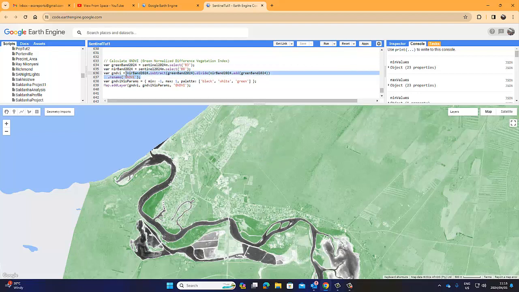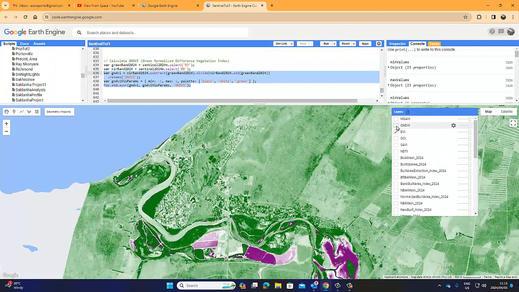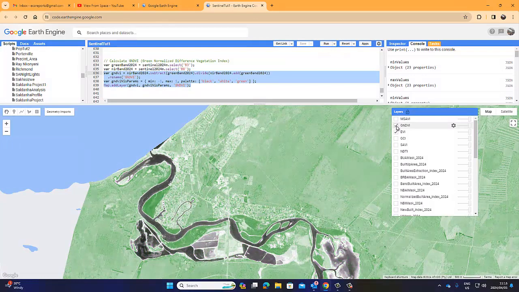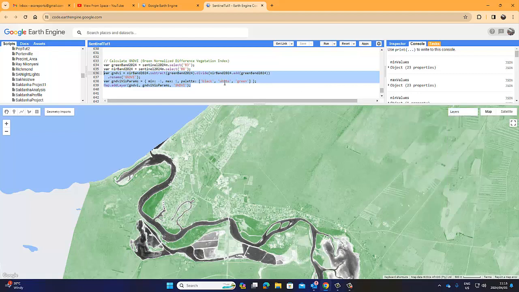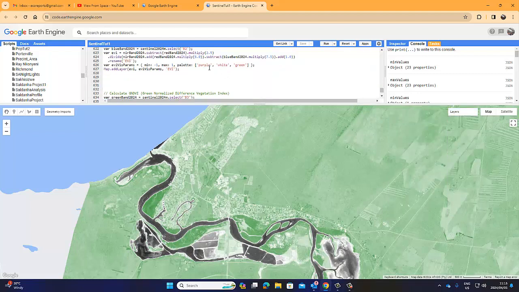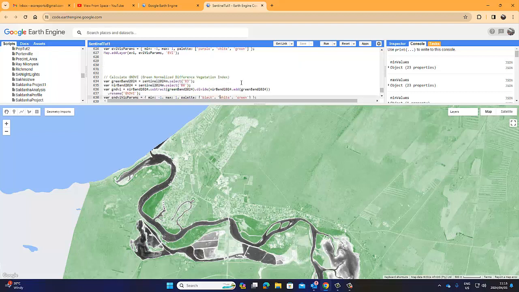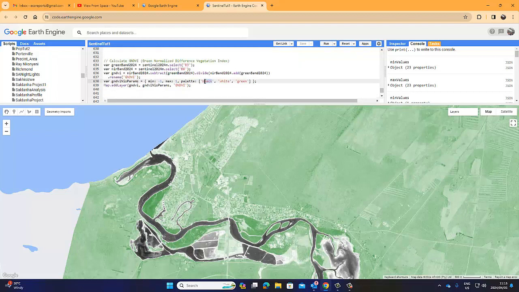Still the normalized difference formula, except we have the green band and not the red band. Let's have a look at the enhanced vegetation index. You can see there's some difference. But again, you can't use these visualization parameters as a gauge, because here we have black, white, and green, and with enhanced we had purple, white, and green. So here it should be purple, so that we can compare the two. So that's the green normalized difference index.